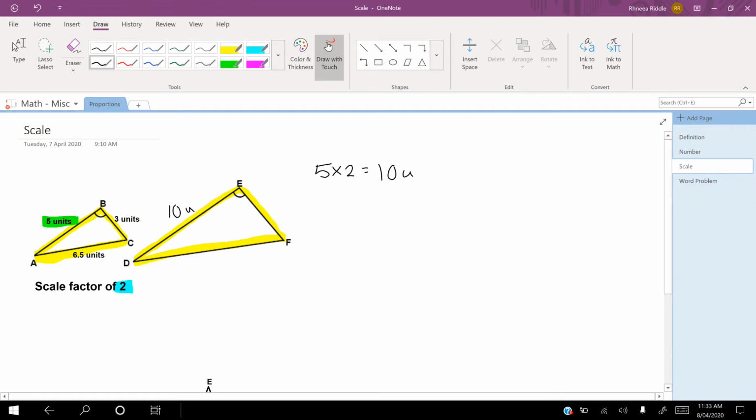So now we're going to move on to this BC here, which we know is the length EF with a scale factor of 2. So we can multiply 3 by 2. We're going to get 6 units.